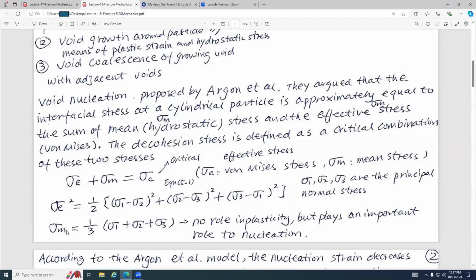What do we call it if we have only a single subscript for the stress sigma? Normal stress or the principal stress? This is normal stress. If we have a single subscript, they call it the principal normal stress. Okay? Principal normal stress.